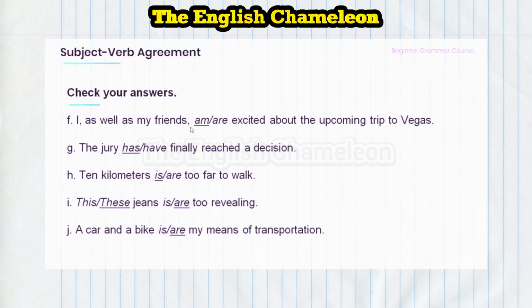I, as well as my friends, am excited about the upcoming trip to Vegas. The jury has finally reached a decision. 10 kilometers is too far to walk. These jeans are too revealing. A car and a bike are my means of transportation.